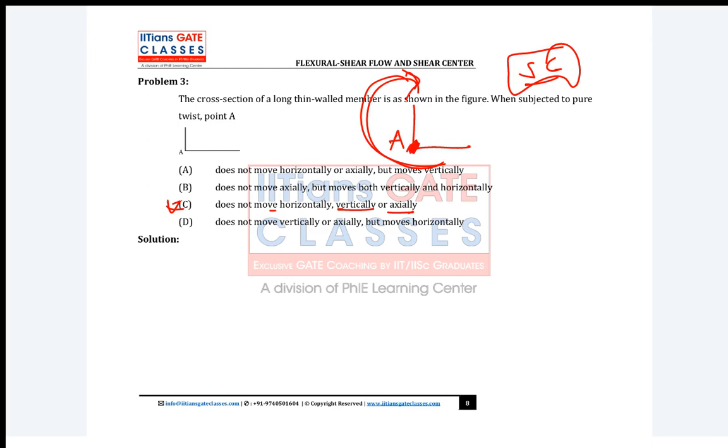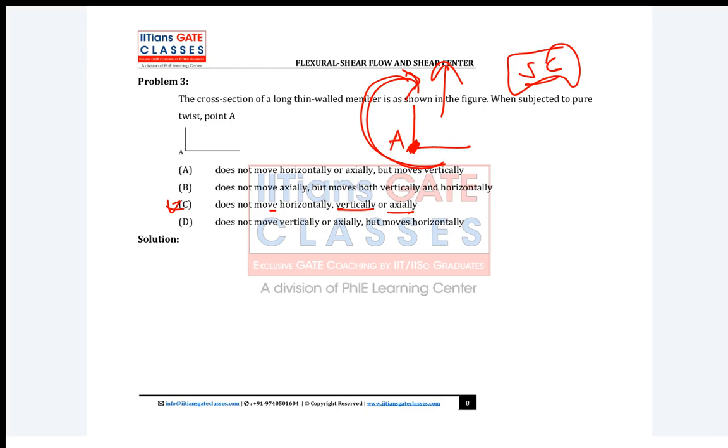Now in this case, suppose apart from twist, if there is a vertical load, what is going to happen? If there is a transverse load, what is going to happen? A may move horizontally and vertically, right? And it may also move axially.